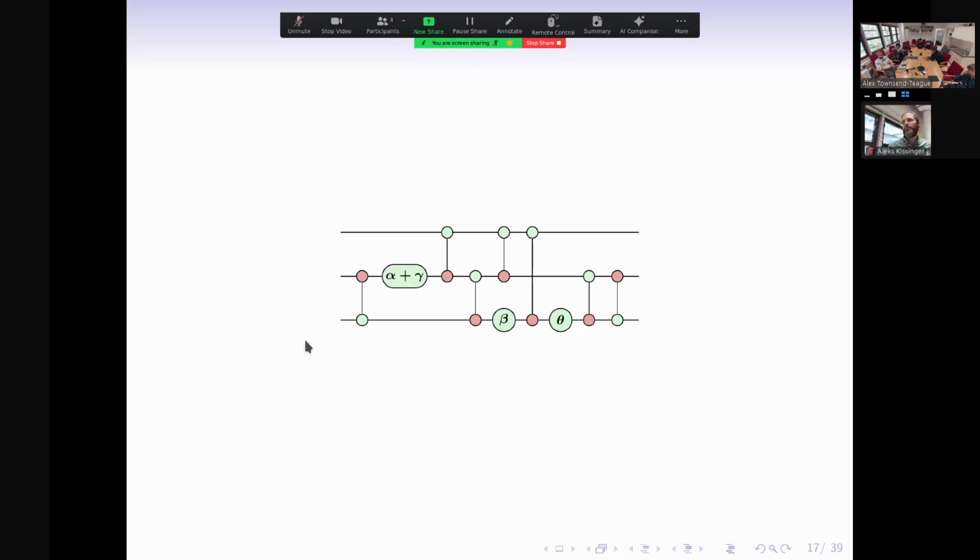Do you have an easy way to see that a control Clifford gives you a level more in that? What's the best way to see that? Whenever we have a gate, there's a way that we can construct the controlled version of the gate, but it's very similar to how you would do it with circuits as well.